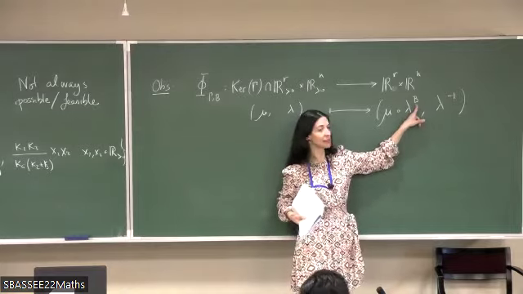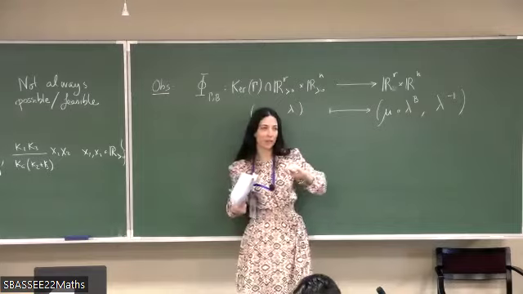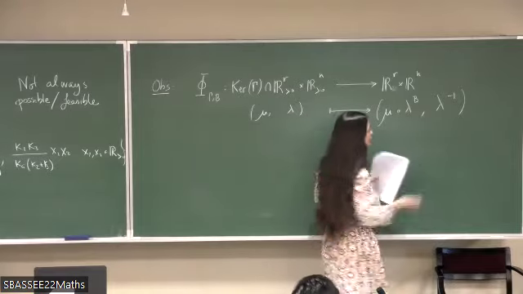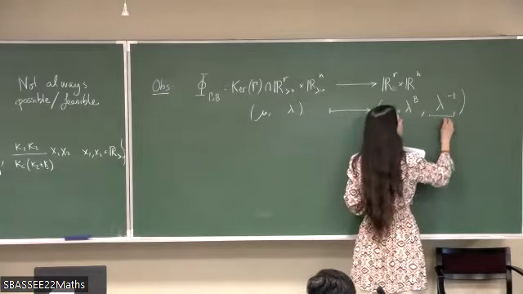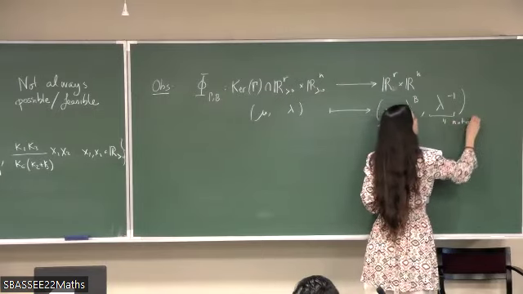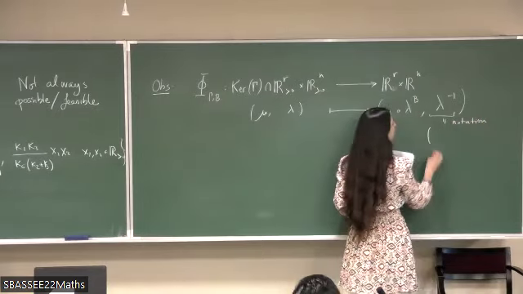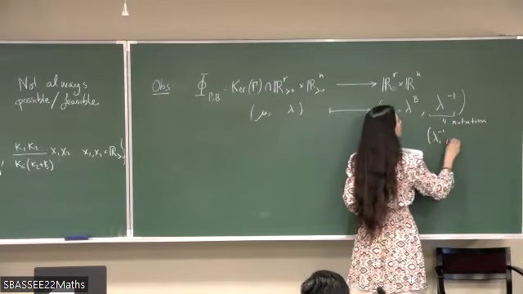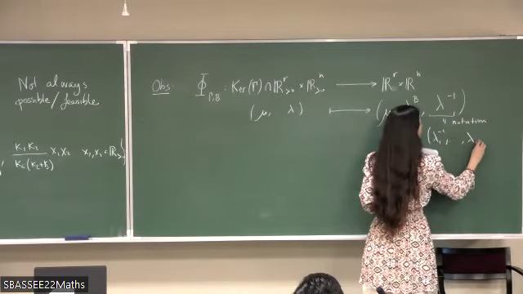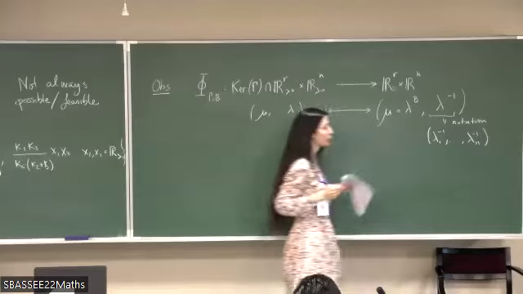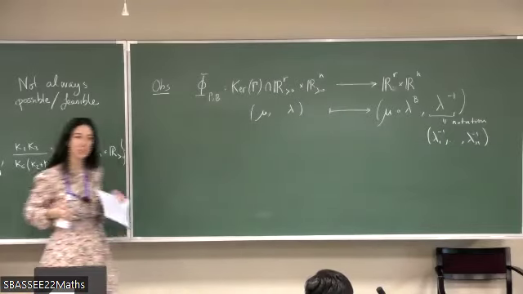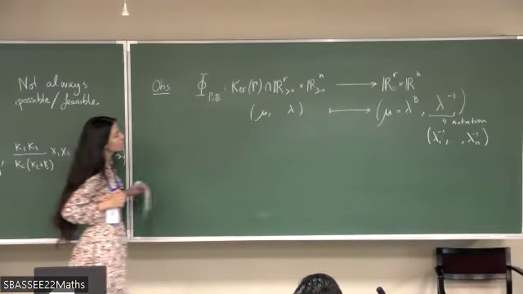If you remember, the exponents are given by the columns. And this is notation for entry-wise taking the inverse. So they are real numbers. We just take the inverse.